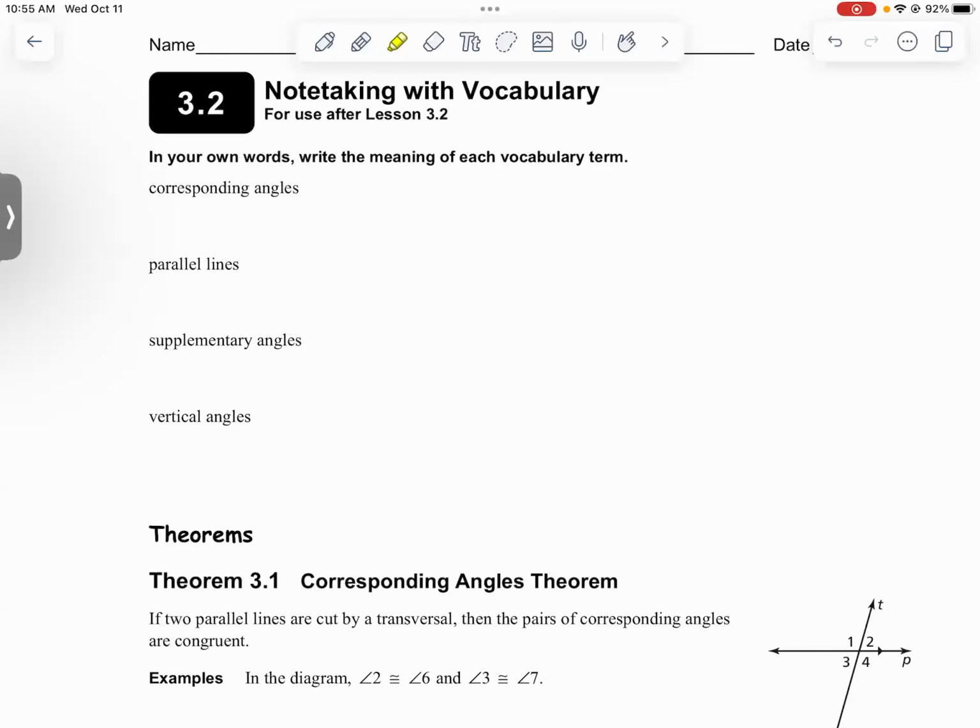Okay, so now we're gonna get into probably more of what you remember from this unit in algebra, okay? Yesterday, we didn't like all of the pictures because our lines were not parallel, okay? And really, these relationships are special when we have parallel lines, and that's what we're gonna focus on today, okay?